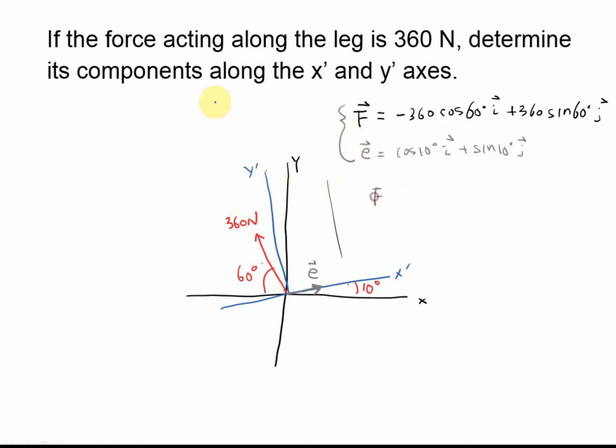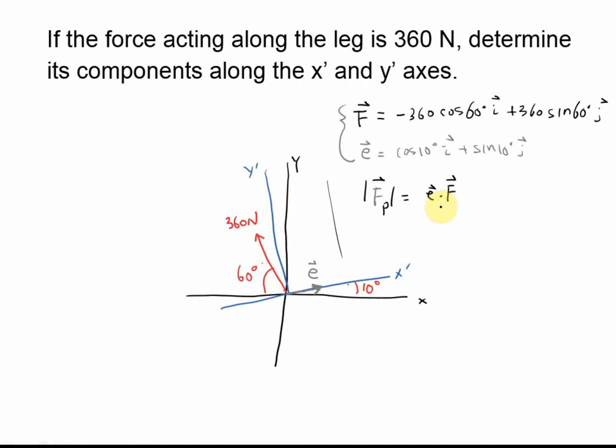I want to get Fp. So what is the component parallel to my x prime? We know that this Fp magnitude is the E and F dot product.